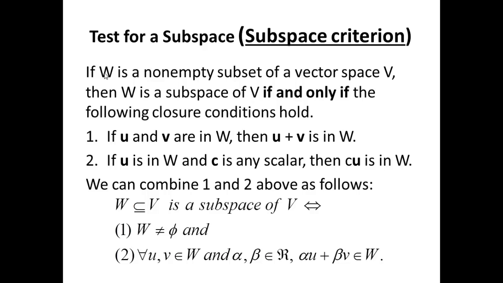Now I'm going to put all 3 conditions together: W non-empty, closure under addition, closure under scalar multiplication, and this is the definition or the statement of the subspace criterion, which I would advise that you use.